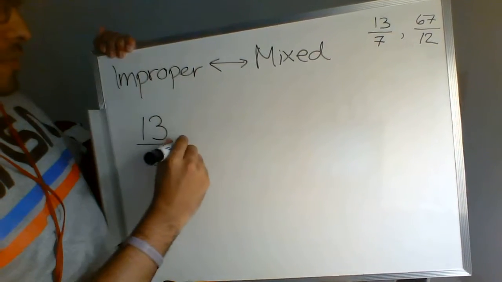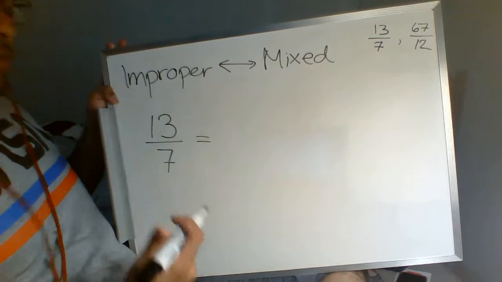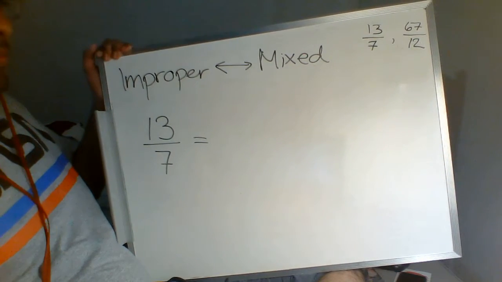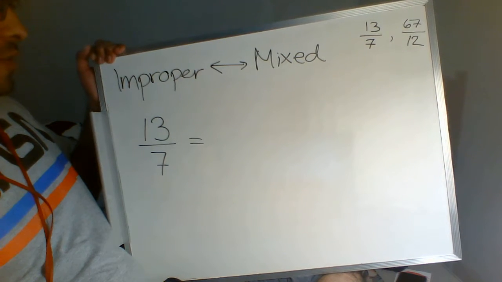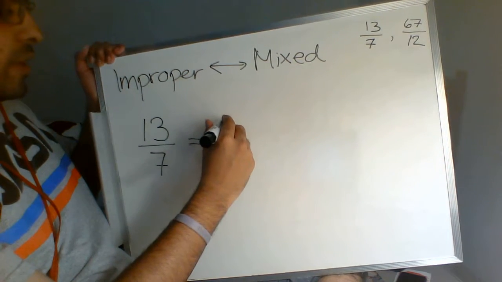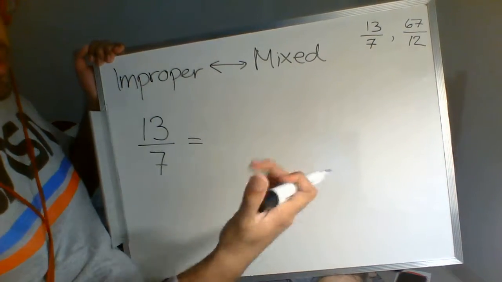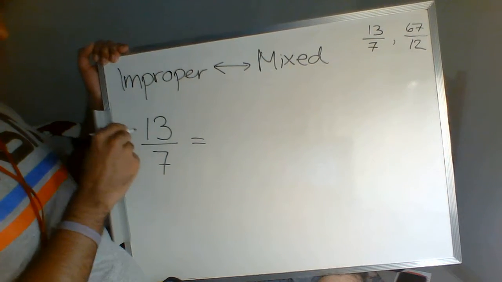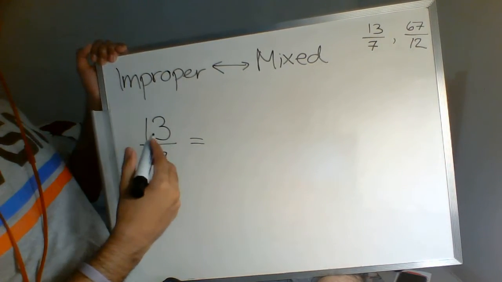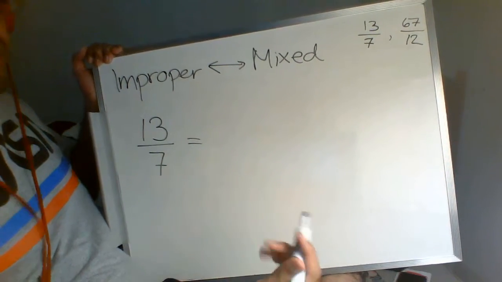So here's another way that you can think about it. We ask ourselves, how many times does 7 go into 13? And if you're struggling with that, you can break this up. If you already look at it and say, okay, 7 goes into 13 this many times, that's fine. But if you can't see that, then you can break this 13 into groups of 7 until you're left with a number smaller than 7 as your numerator.